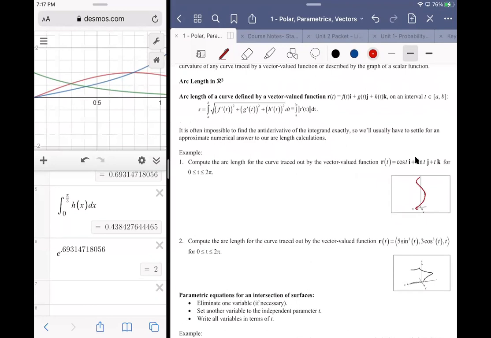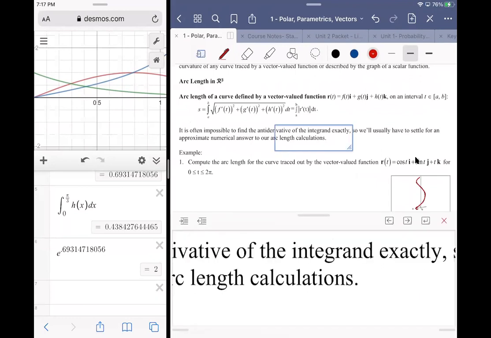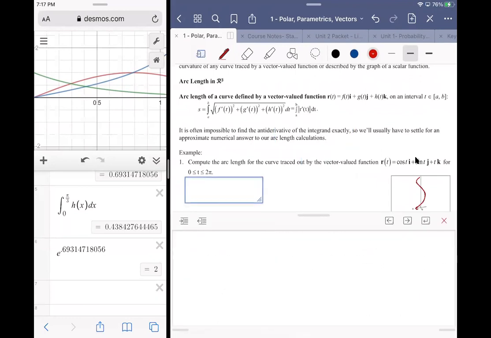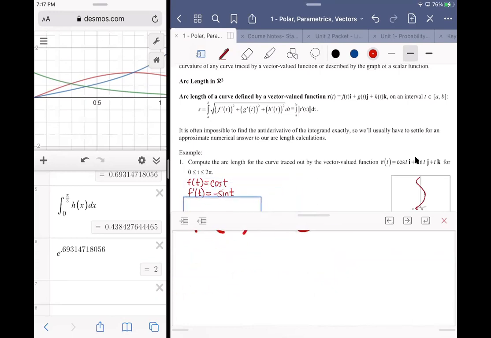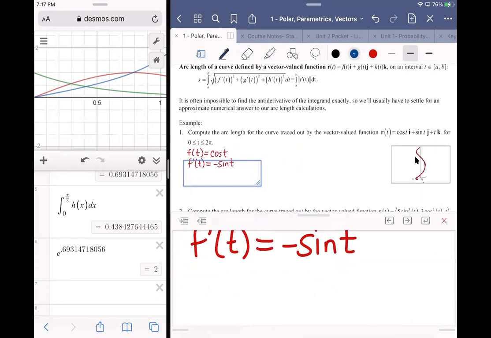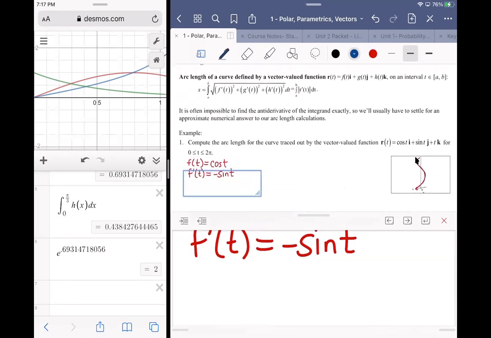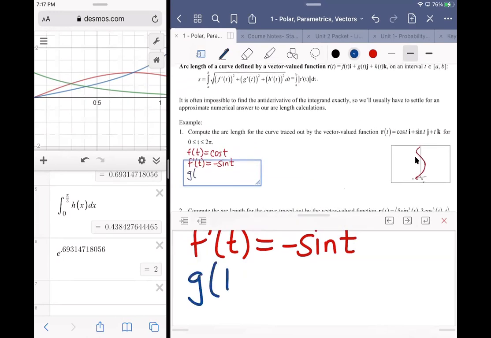So it's one of those things where it's just have at it. If f of t is my cosine of t, I need f prime of t, which is negative sine of t. Then g of t, my second component, is sine of t.